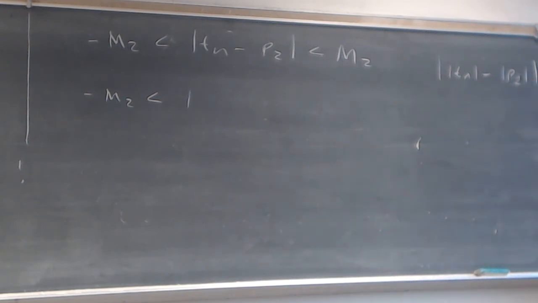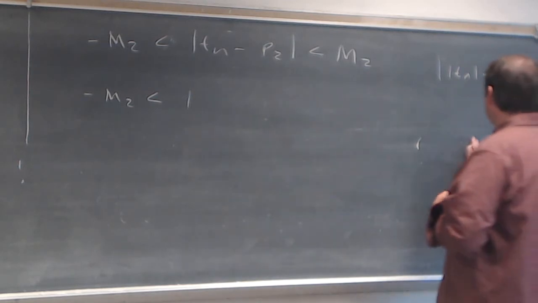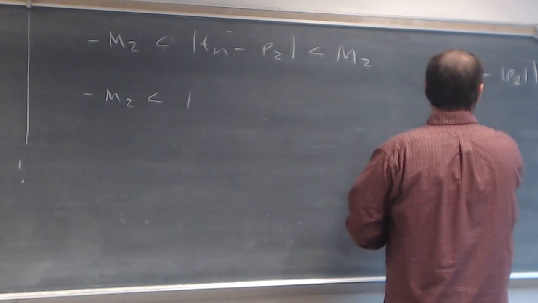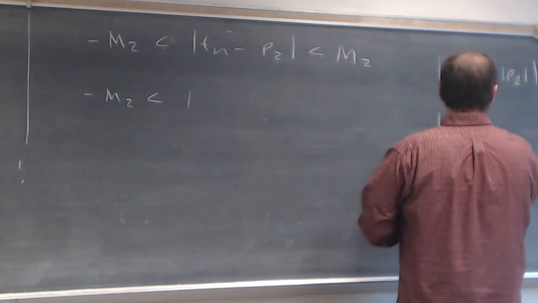Can we compare them? It seems like they're both real numbers, so we'll be able to compare them. Seems maybe there's something we can do here. Let's see, the absolute value of T sub n, what's it equal to?